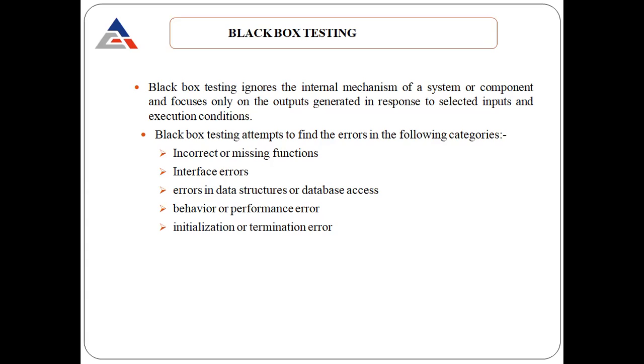Second, interface error. Interface error means I have used functions where I have two inputs, A and B, and I perform the addition function over them. Whatever value the addition gives, I will get the square of that addition as output.